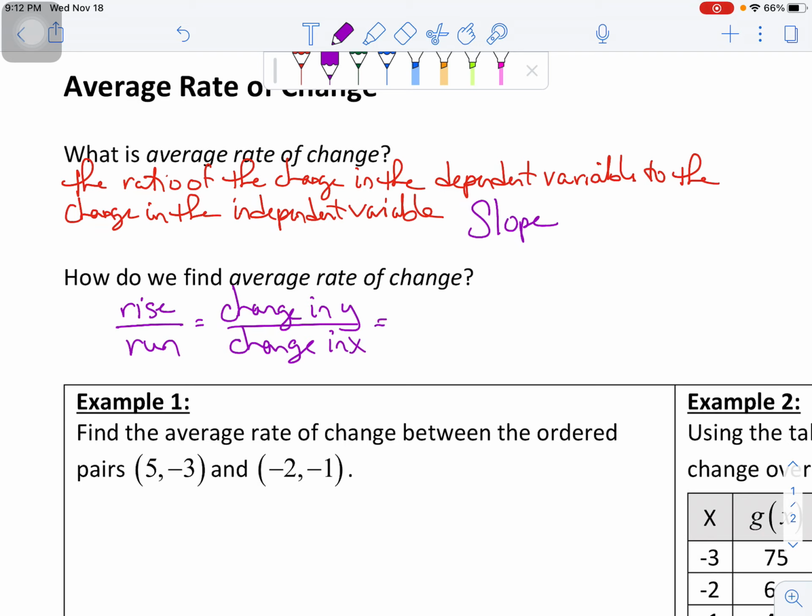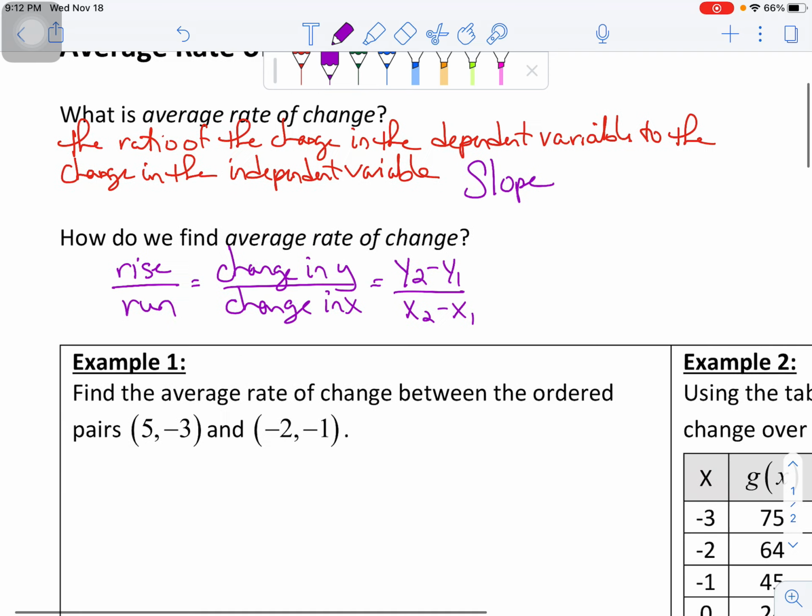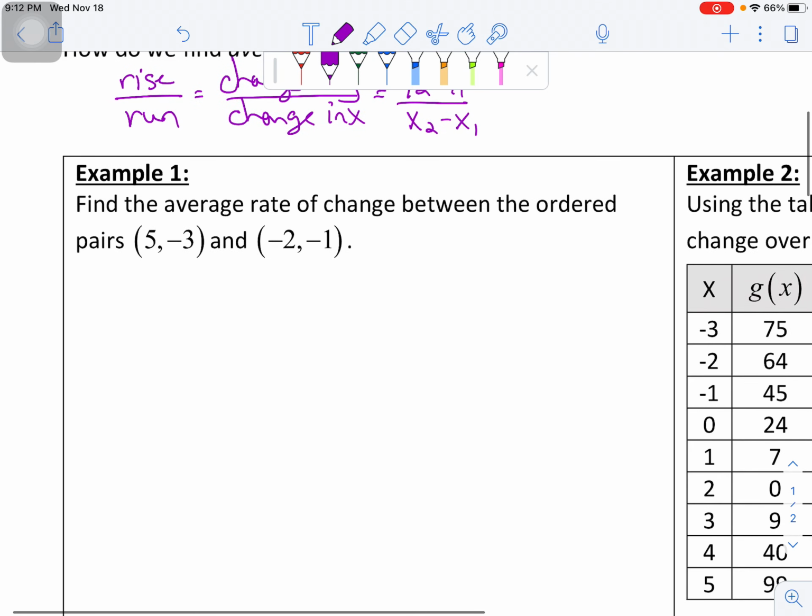If you look at two ordered pairs, it's generally referred to as y2 minus y1 over x2 minus x1. Now, all of this is what we're going to use to find some actual average rate of change. Each of the examples is going to be slightly different in terms of what you're given, so you might do it a little bit differently.